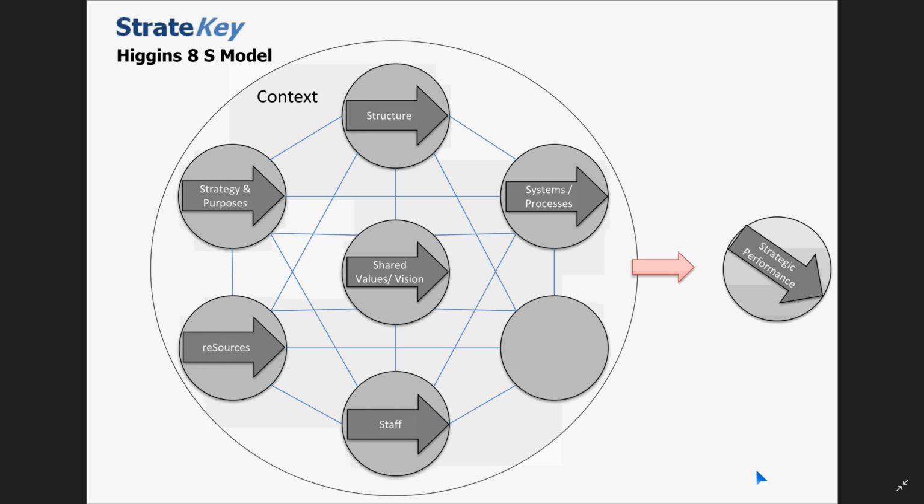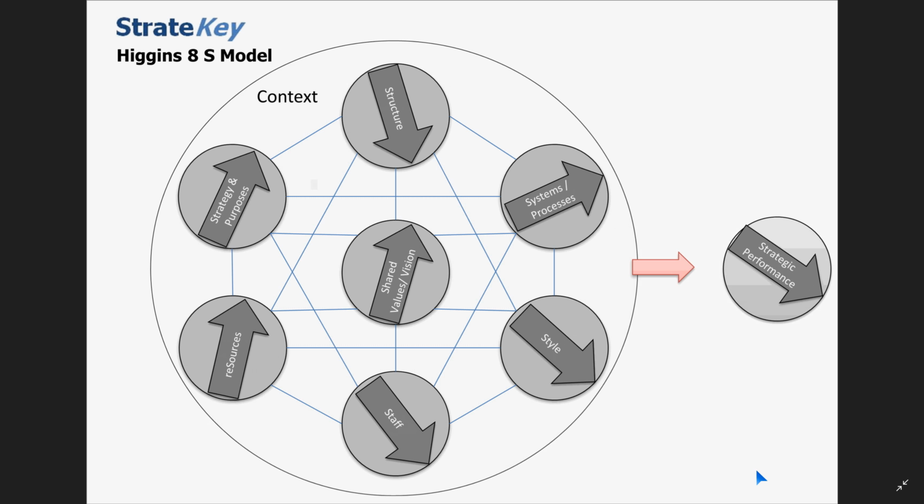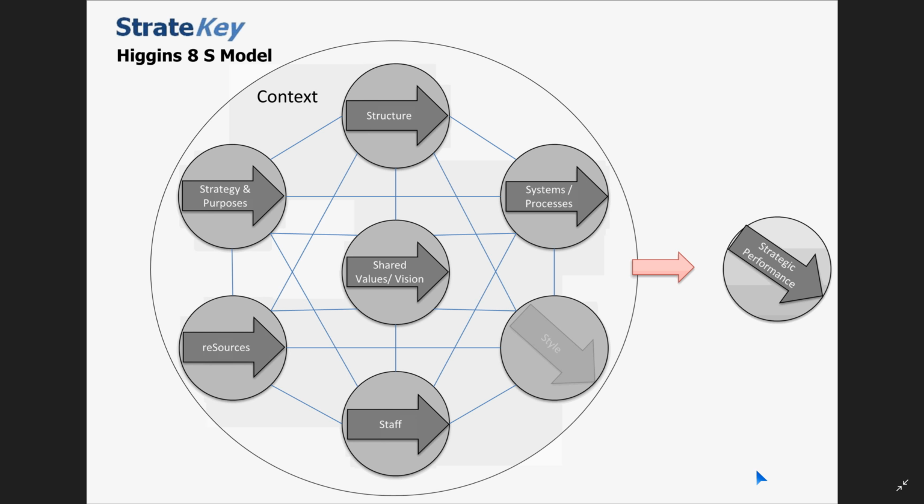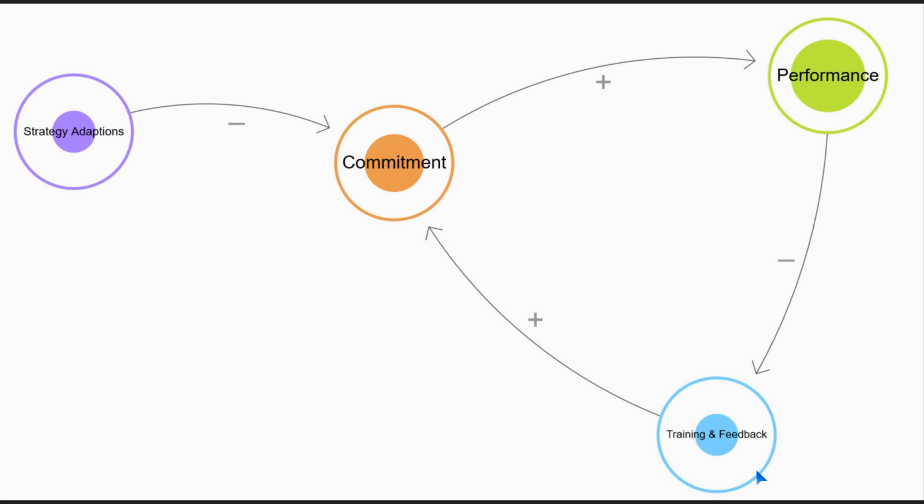Misalignment of these S's may come, for example, from changes in the management, where the CEO is changed and has a different vision than the CEO before, but with some people the vision and the values stay the same. So the main purpose is to align these S's to gain a proper strategic performance.